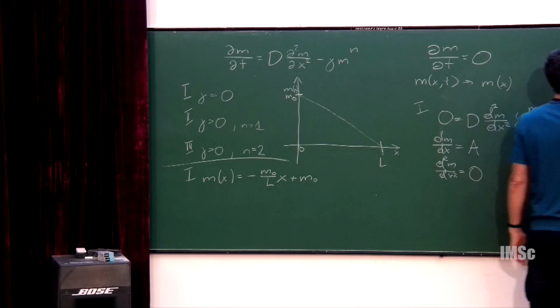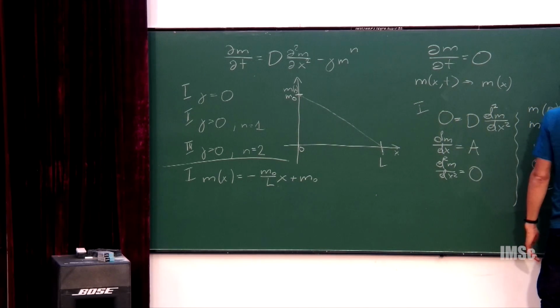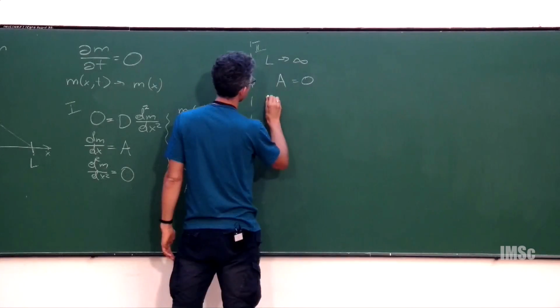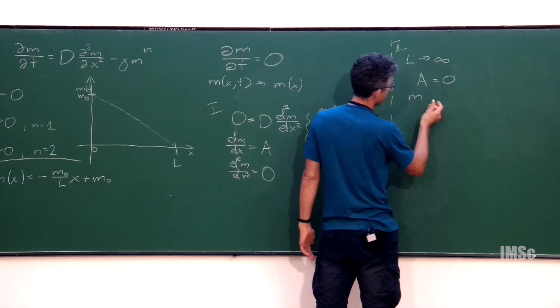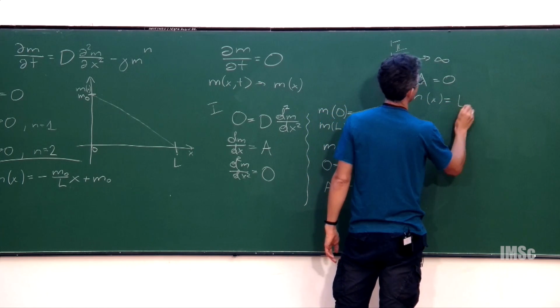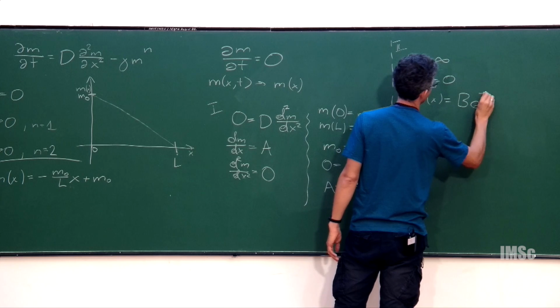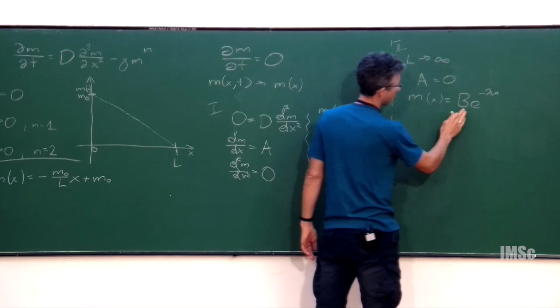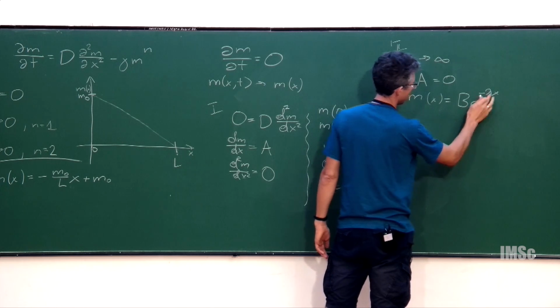Exactly. A should be 0, so we are left with basically our ansatz. So we just need to determine B and lambda.